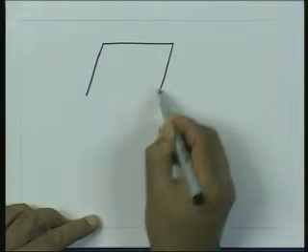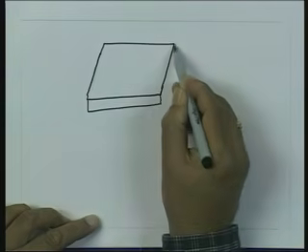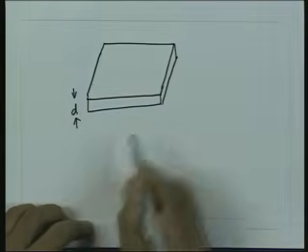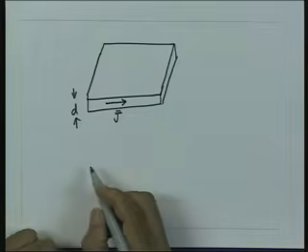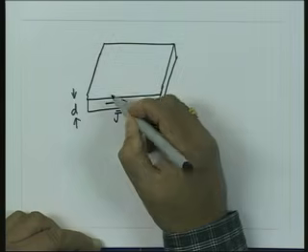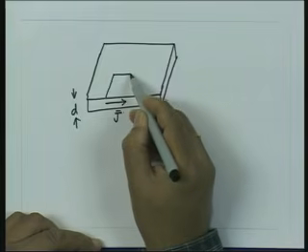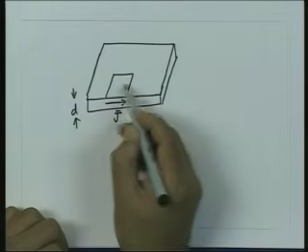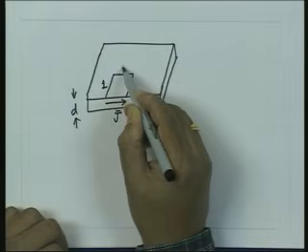So, let us say I have again this slab of thickness d, and let us say it is carrying a current density J. Now, let us consider this, where this is let us say unity, this is unity.